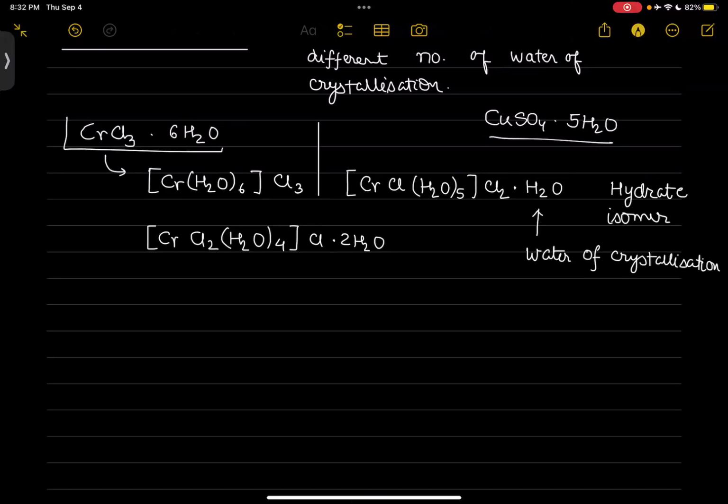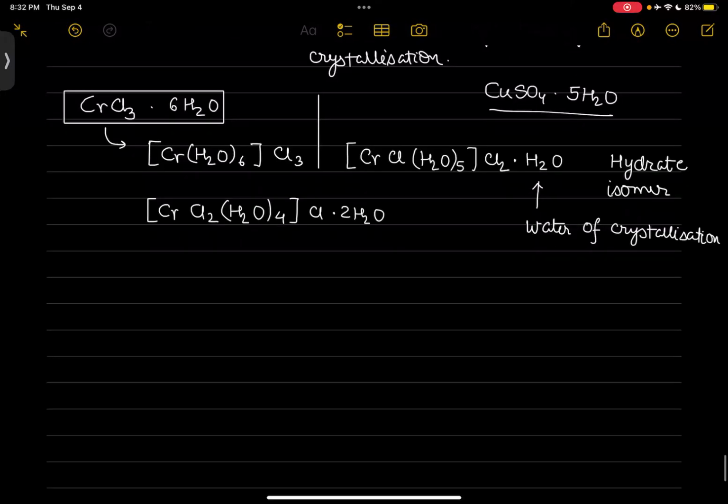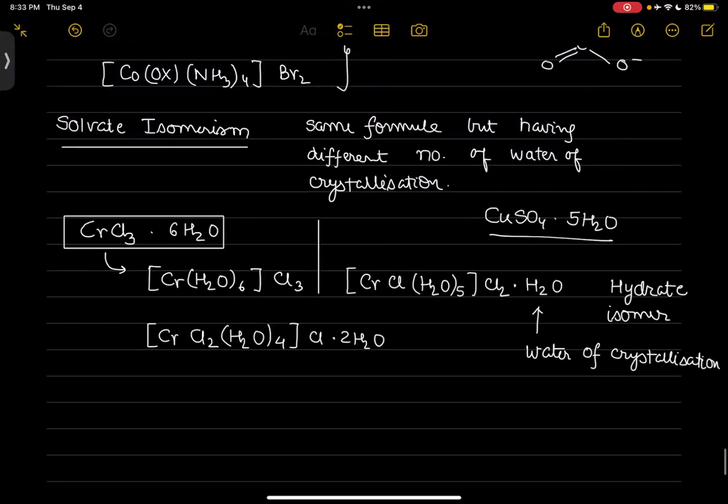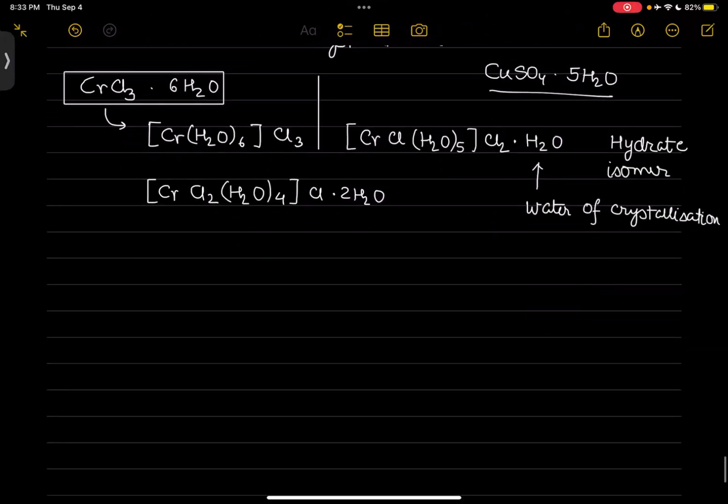Similarly, like water, you can exchange the NH3 ligands also. But if it is NH3, then it is called solvate isomerism. Let me write the examples of NH3 also.